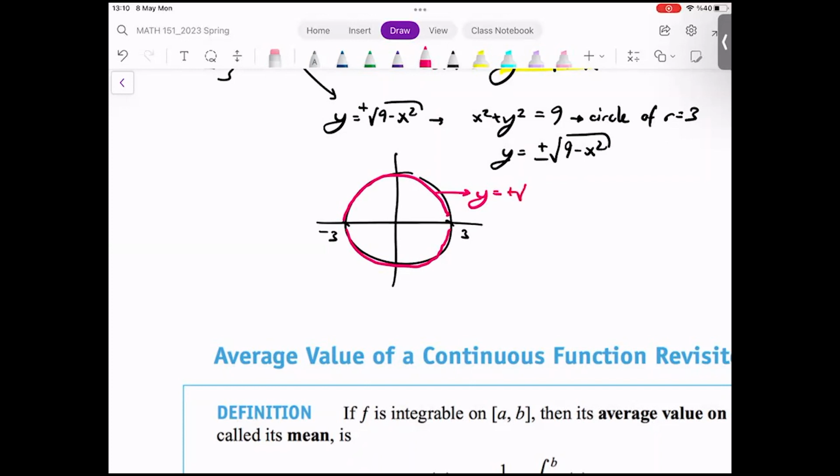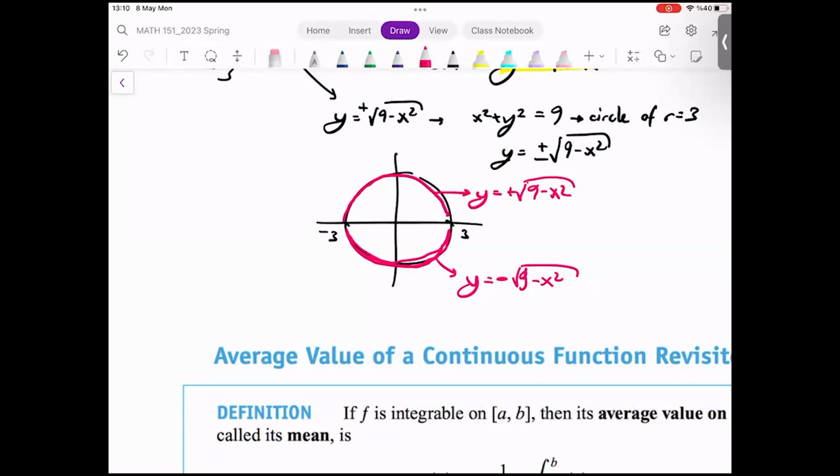That's why the upper half of the circle has this equation, while the lower part will have the equation with the minus sign. Why should there be a minus sign in front of this equation for the lower part? Because over the lower curve, all the y components get negative values. That's why there should be this negative sign in front of the expression.